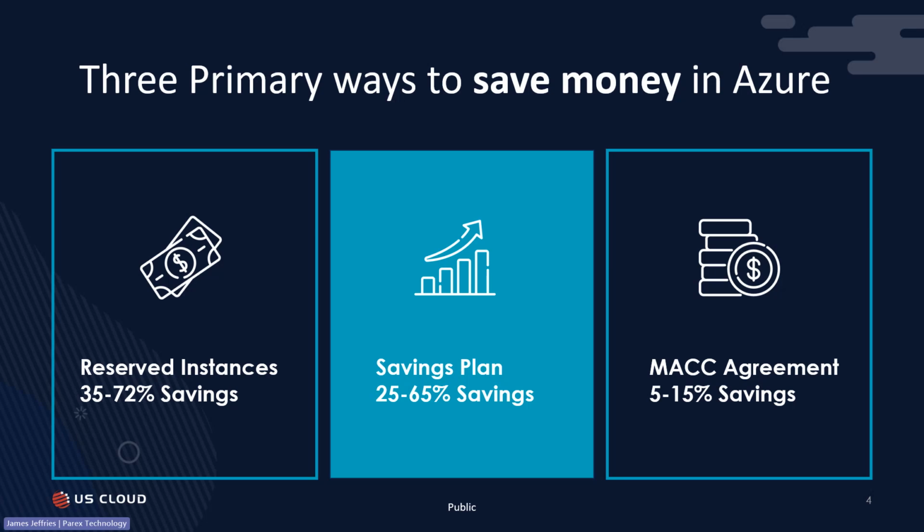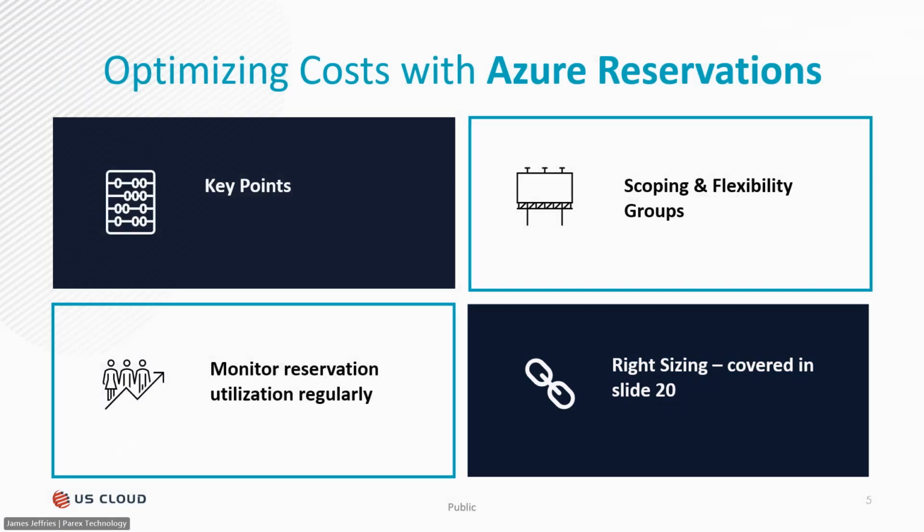What I mean by that is if you have an instance in Azure that's covered by a reserved instance, you're not going to achieve the savings plan discount when you add your commitment to the savings plan. Same thing with the MAC agreement. If you've got instances that are protected by RIs or covered by a savings plan discount, you will not get the savings from the MAC agreement.